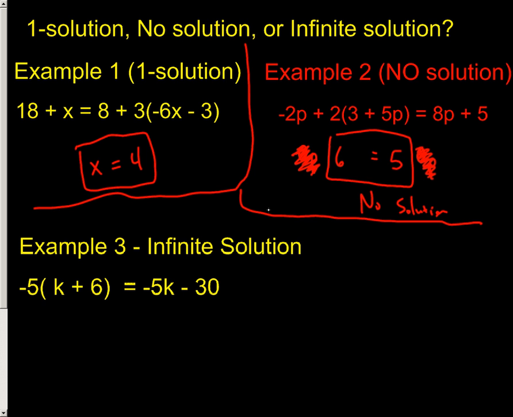In a very similar situation for the infinite solutions, after you go through and solve all of this, you're going to see 0k on both sides, which means there's no k's. And then there's just going to be numbers left over. In this case, I actually remember what the final thing will say. It'll say negative 30 equals negative 30.